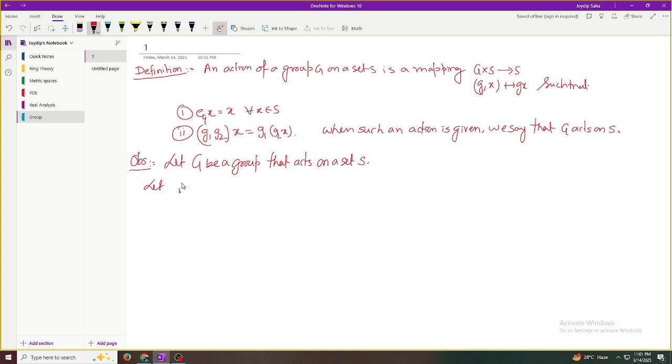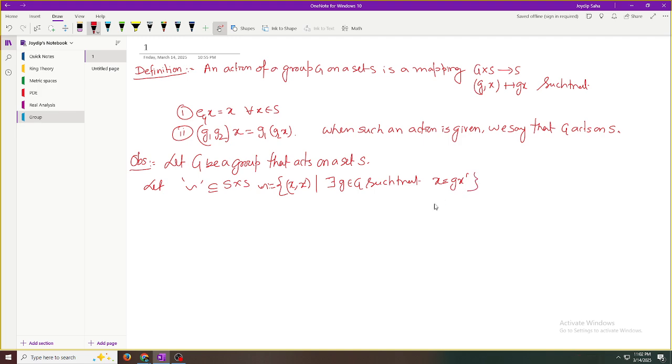Let ~ be a subset of S cross S such that x ~ x dash if there exists g belongs to G such that x equals to g x dash.